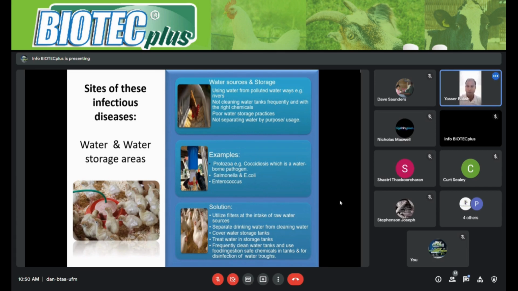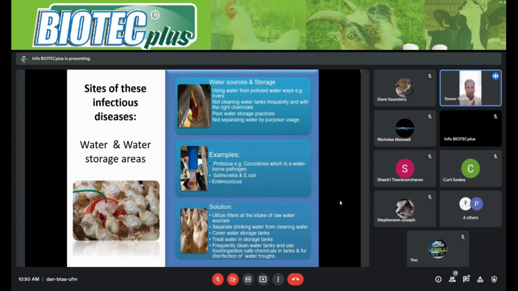Then what you want to do is have a clean storage area. Very often, we're all guilty of it at some point, even in our homes. If the next thing I'm going to tell you, you are guilty of in your home, can you imagine what you are doing to the animals?